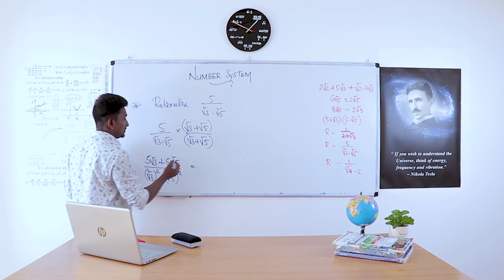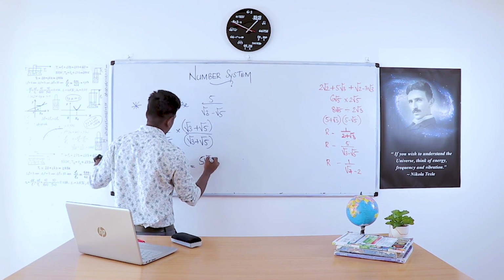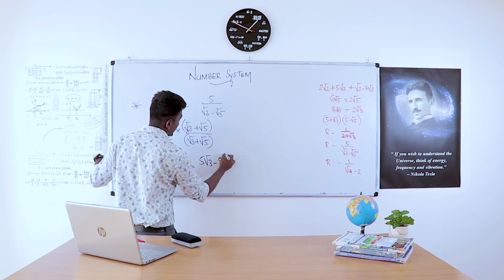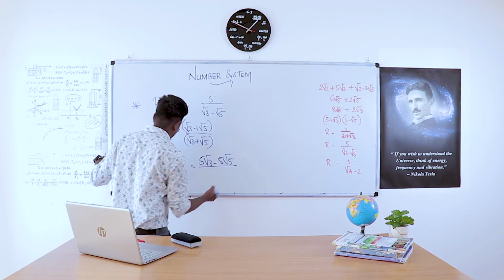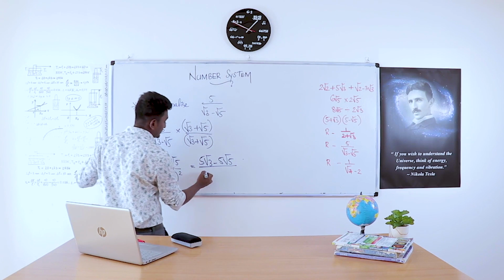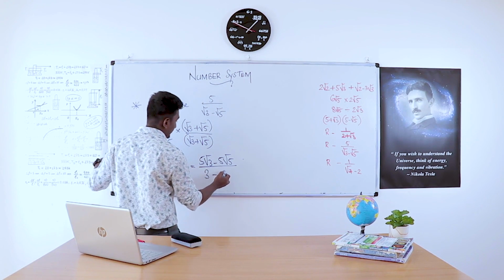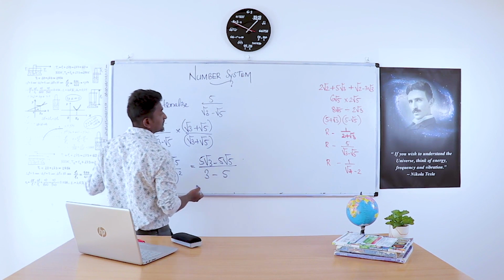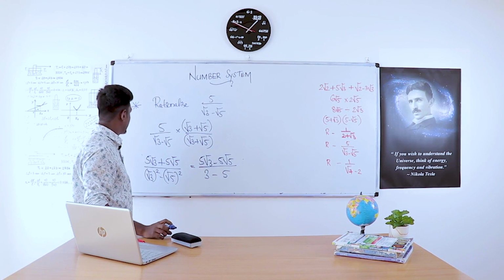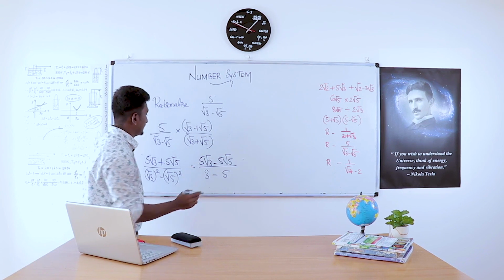That is equal to 5 root 3 plus 5 root 5 divided by root 3 the whole square, which is 3, minus root 5 the whole square, which is 5.